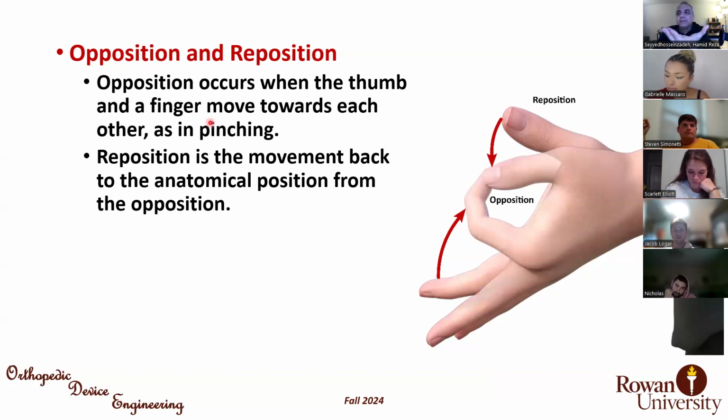When you want to hold something in your hand, actually you are performing opposition. Opposition means opposing your thumb with your other fingers. And this is the motion with which you can hold everything in your hand.